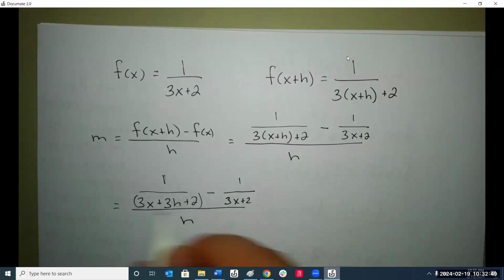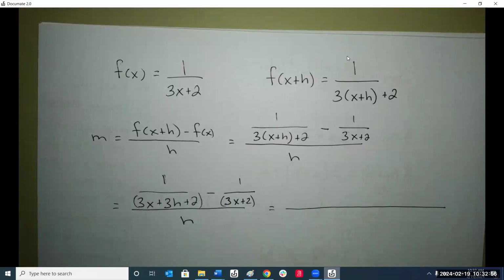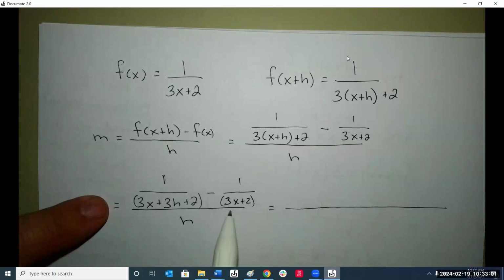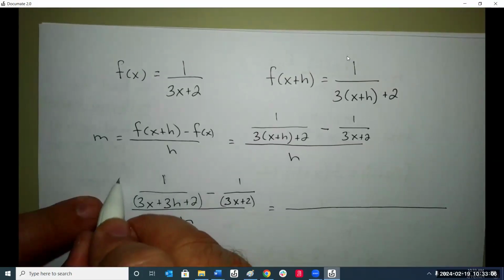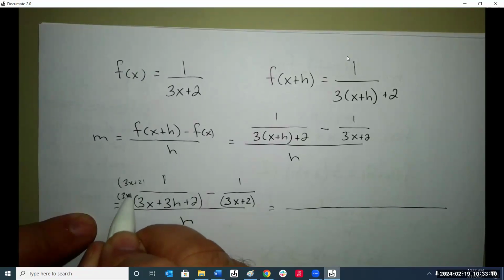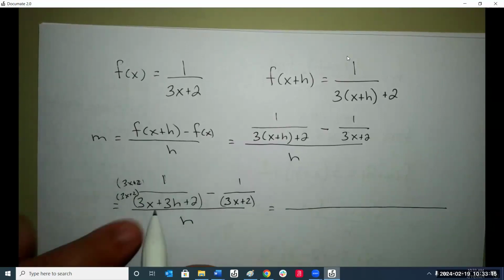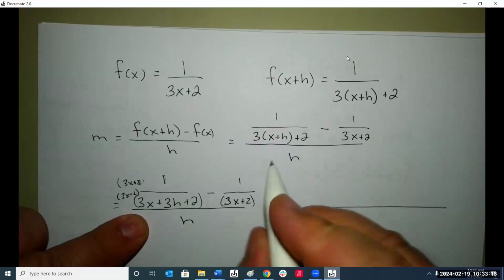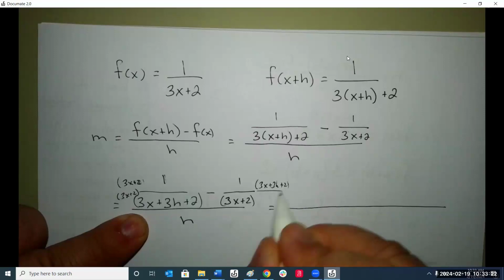These are the numbers. They have to stay together. Now, the rule of adding and subtracting fractions is that in order to add or subtract them, you have to have a common denominator. So since this one has 3x plus 2, this one doesn't. This one needs a 3x plus 2 on top and bottom. This one has a 3x plus 3h plus 2. This one needs a 3x plus 3h plus 2, top and bottom.